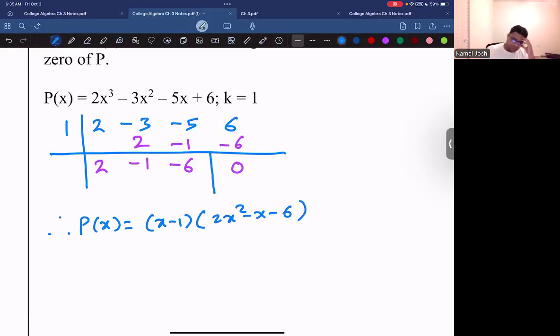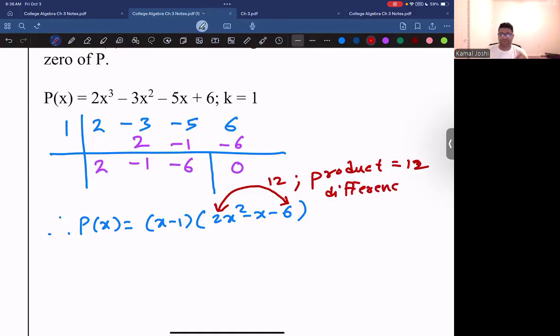Now, I don't know how many of you remember this step of factoring. I know most students know the technique, but when the coefficient is other than 1, you have to multiply. So the 2 and 6, you have to multiply. The product is 12. So you have to think of numbers that multiply to 12, and the difference is 1.